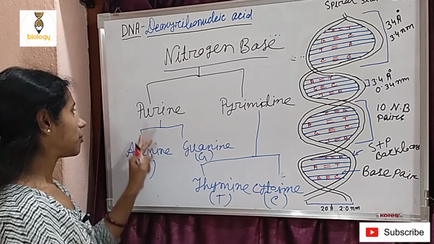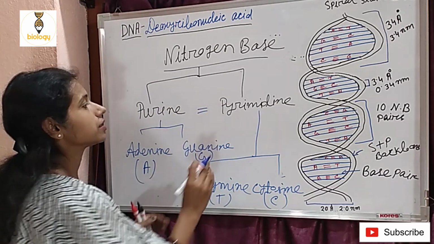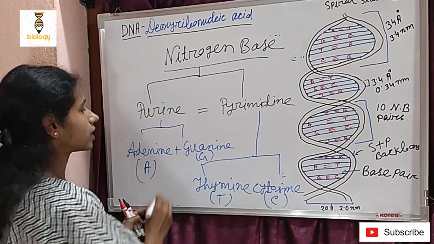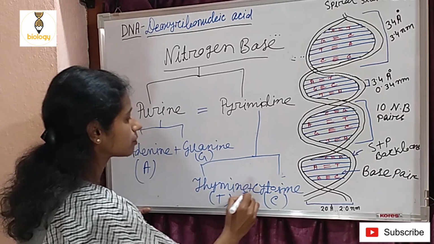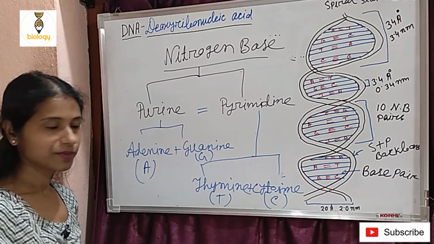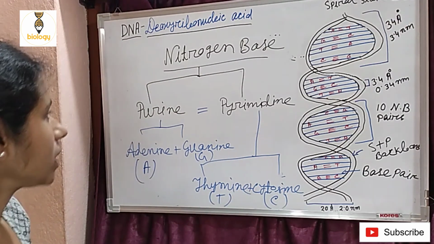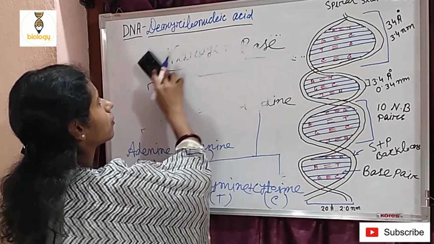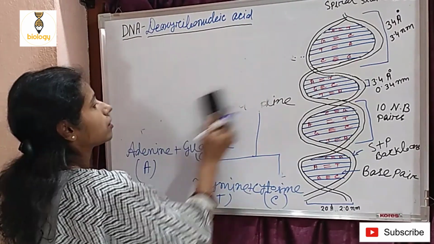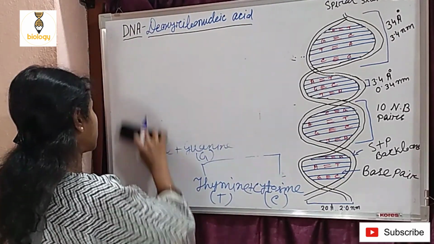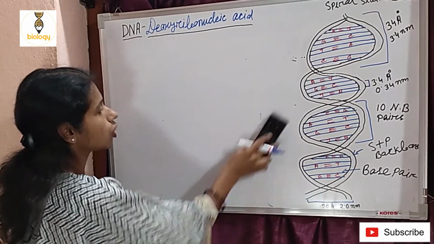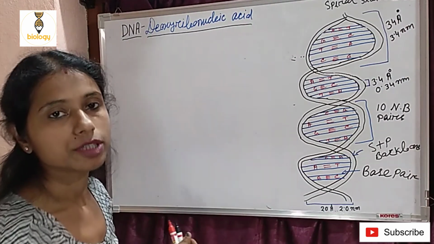Remember, the number of purines and pyrimidines is equal in DNA. It means adenine plus guanine equals thymine plus cytosine. Now when they create the bond, weak hydrogen bonds are there. Purine always makes a bond with pyrimidine.